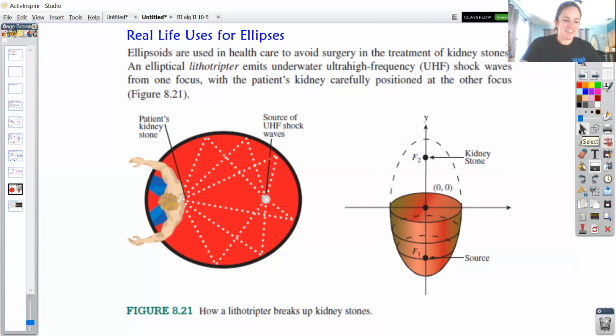One is to just raise the acidity in your blood. Another is using ultrasound, and in this case you're underwater. If they put the source of the shockwaves at one focus and your kidney at the other focus, then when the shockwaves bounce off the ellipse from one focus, they will always bounce exactly to the other focus, which is super cool.